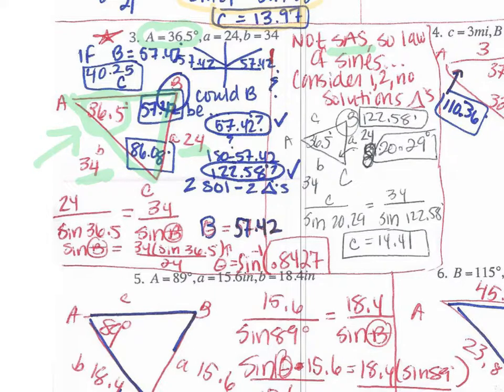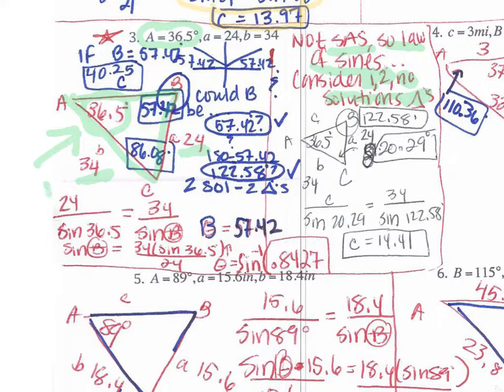You also need to remember that when you're using law of sines, you need to consider three different possible outcomes. There could be one solution, two solutions, or no solutions, meaning the possible amounts of triangles we could set up. When you know one angle, you're then hunting for the second angle.